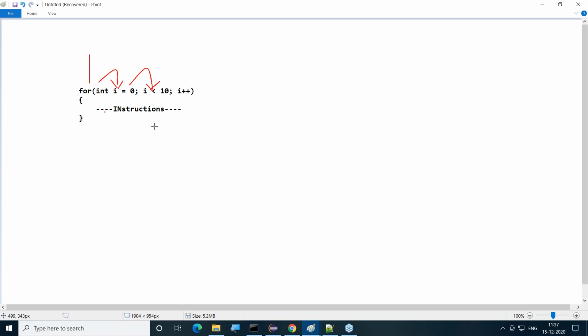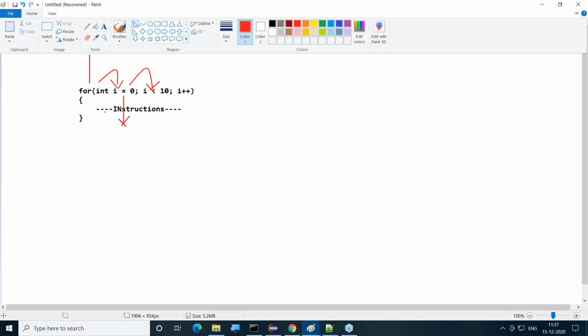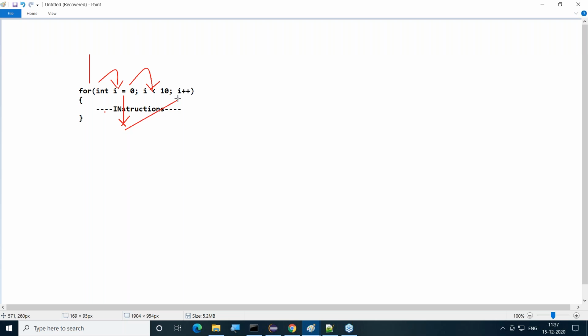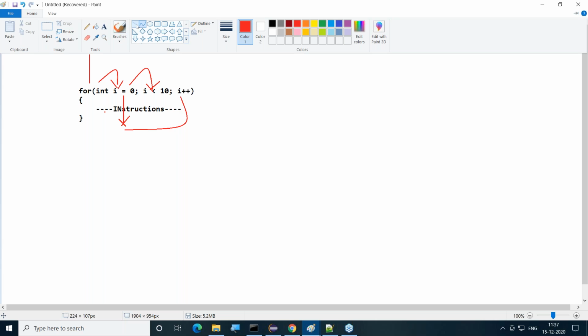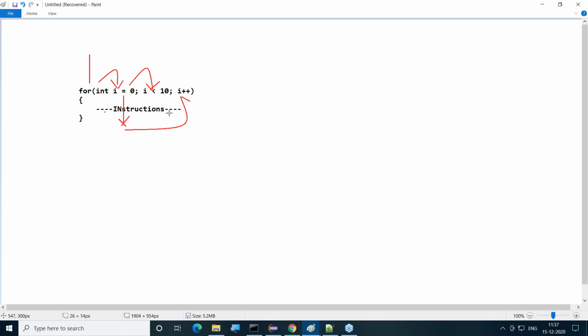If the result of the conditional expression is true, then the body will be executed. When the body is executed, the flow of execution comes to expression 3.